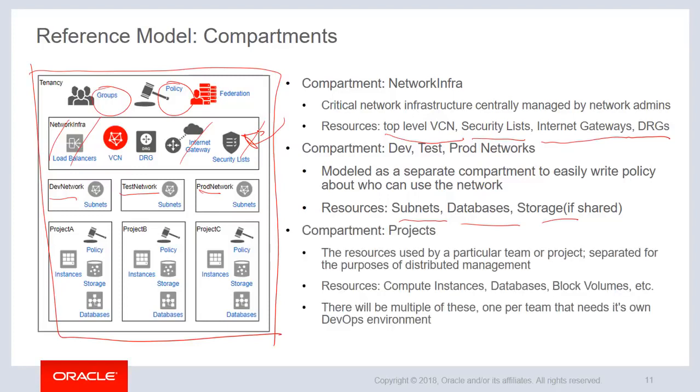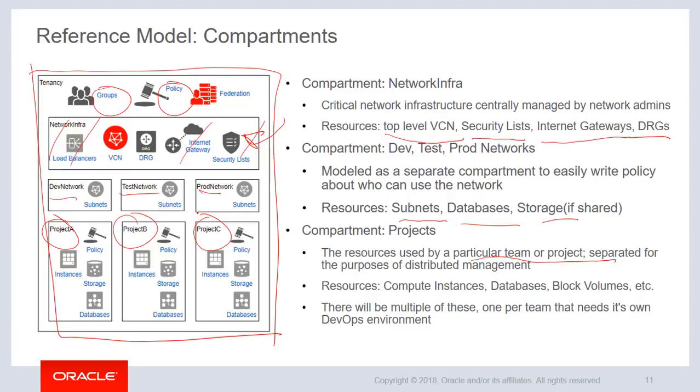There are also compartments used by particular teams or projects, and the whole purpose is you separate them because they might be doing different things. So you can have project A, project B, project C. These can be different projects, and you can have compute instances, your databases, your block volumes, multiple of these, one per team that needs its own DevOps environment.